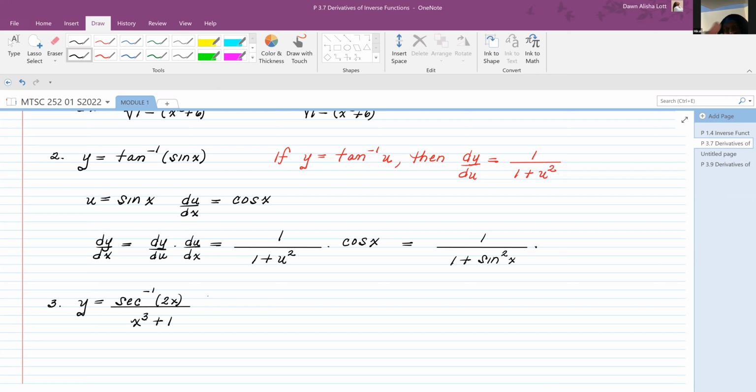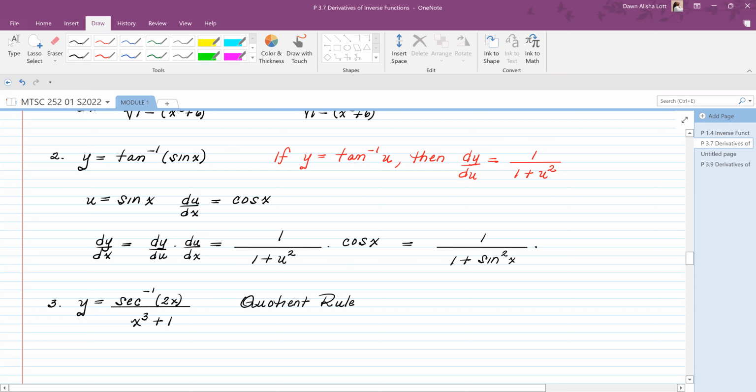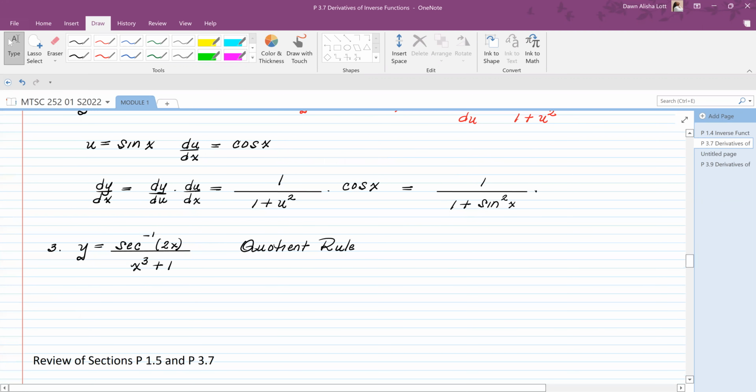I need to use the quotient rule. Okay, so quotient rule, there are many ways we can do it. A lot of people say it's low D high minus high D low over low low. I've also heard bottom times derivative of the top minus the top times the derivative of the bottom over the bottom squared. There are so many different ways to state the quotient rule.